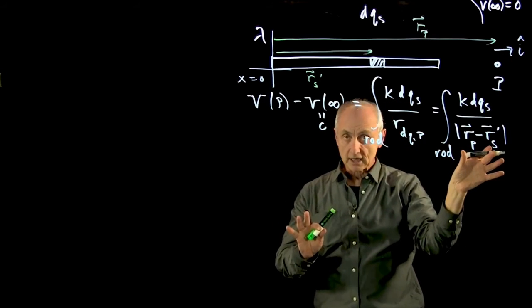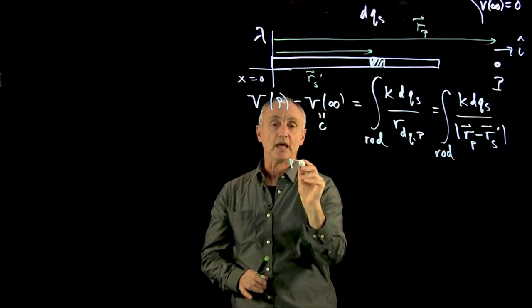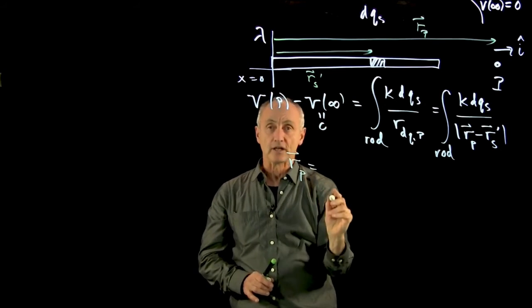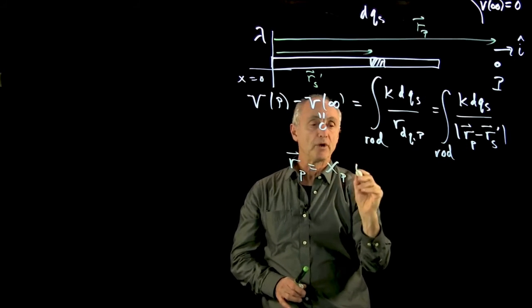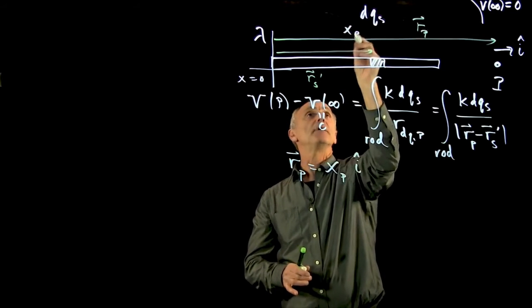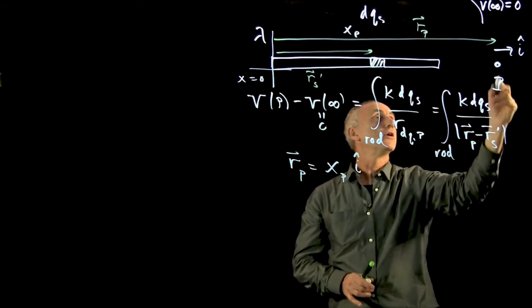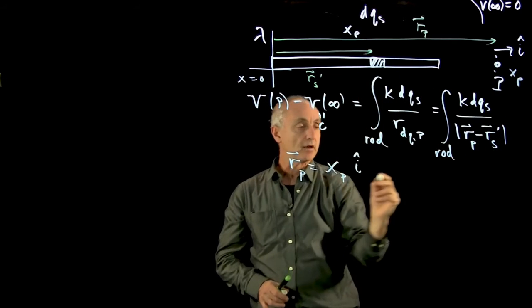Now remember, we're only taking magnitudes, so we'll use vectors, but we'll take magnitudes at the end. I write my field vector as the position x_P i hat, where this distance is x_P, going from the origin to there. So here we are at x_P. And here's the key thing.